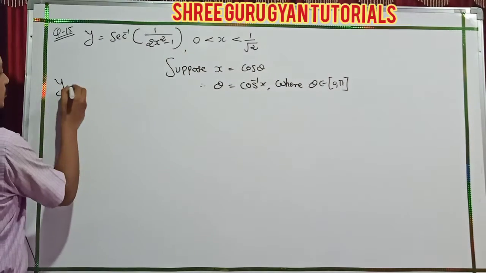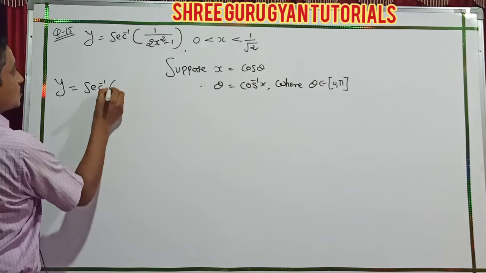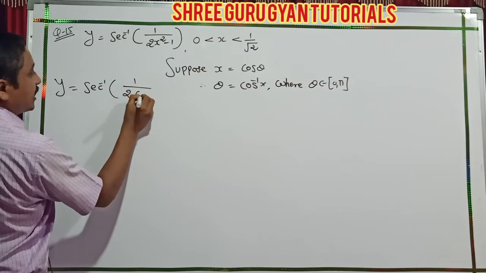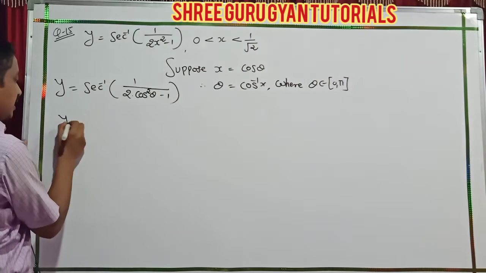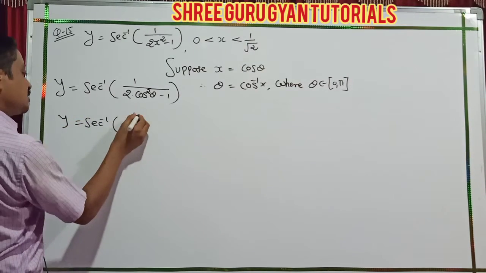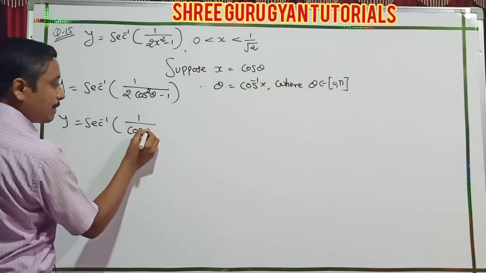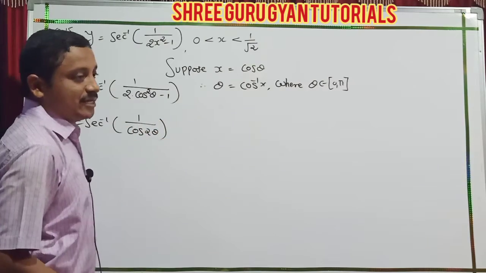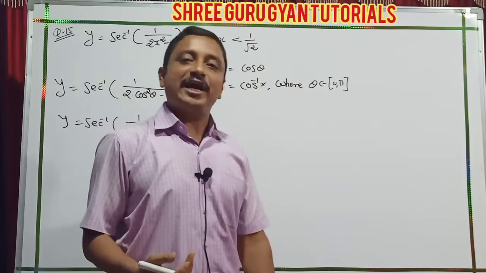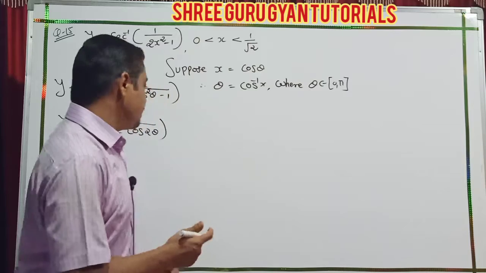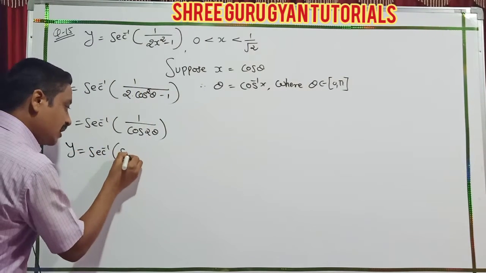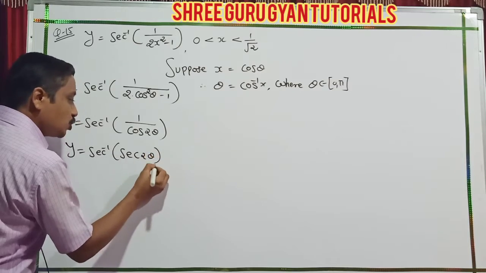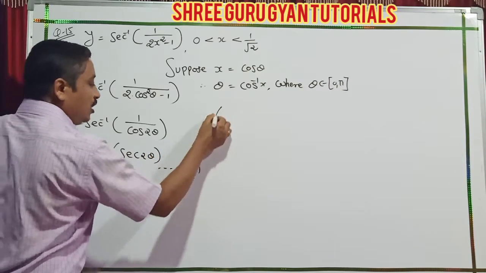Now y is equal to sec inverse of 1 upon 2 cos square theta minus 1, and I know that it is cos 2 theta. Yes students, it is your trigonometric identity. Now the reciprocal of cos is sec 2 theta. And here I show statement number 1.